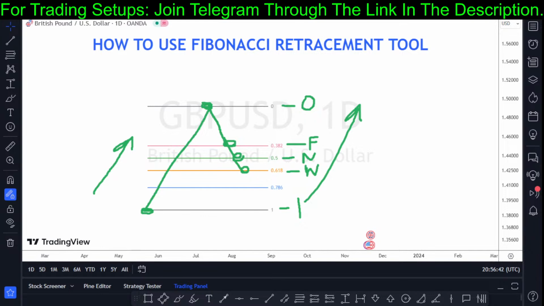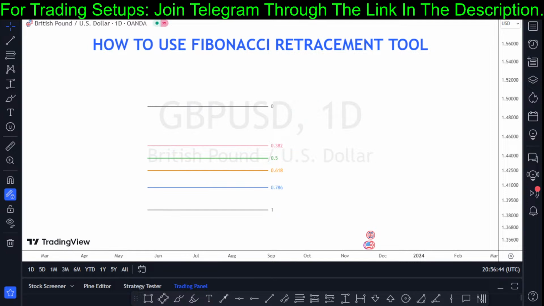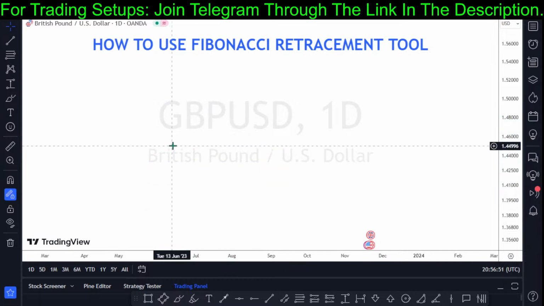The same goes for a downtrend. Do not worry, guys. I will show you how you can use this on a real life chart, right? So I'm just trying to see how we can use it in the direction of the market. So in a downtrend, the market moves from the swing high all the way to a swing low, right? So to apply your Fibonacci retracement tool, this is what you need to do.